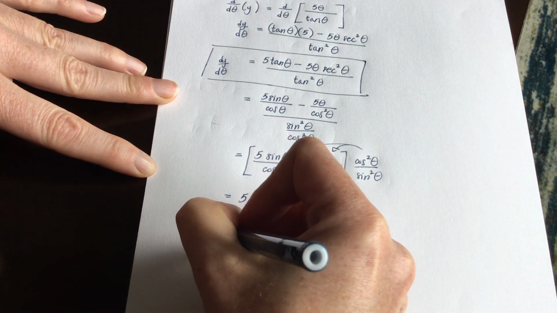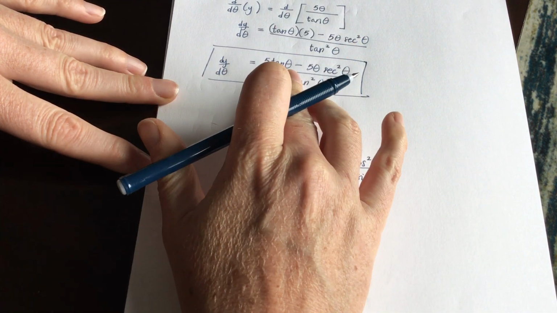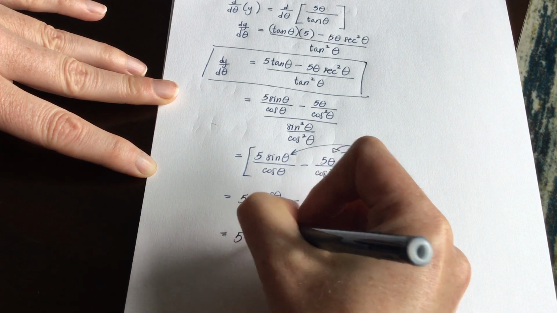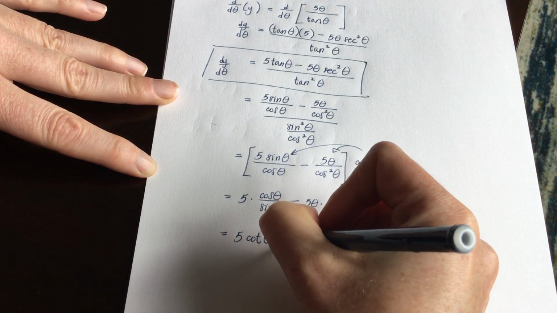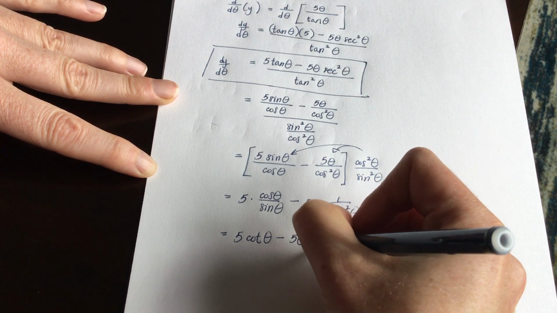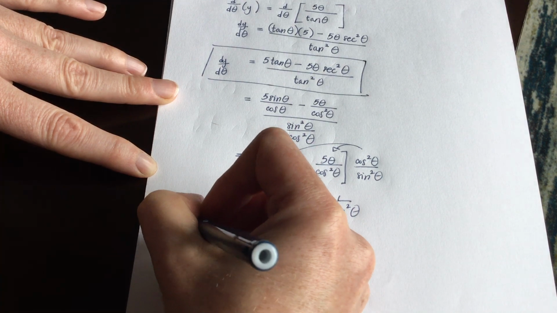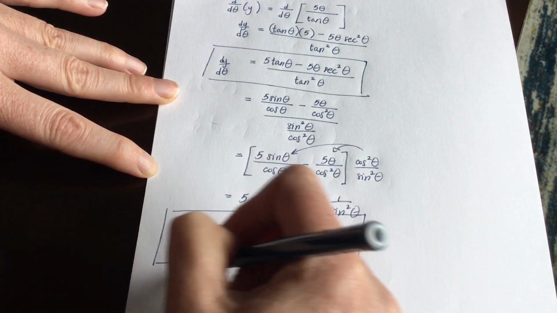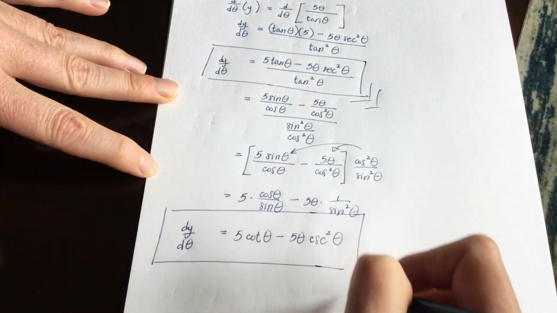So another way that your answer could look, which would be totally equivalent to this, would be 5 times cotangent theta minus 5 theta, and then 1 over sine is cosecant, so cosecant squared theta. Okay, so we'll just box them both. They're both considered perfectly valid answers.